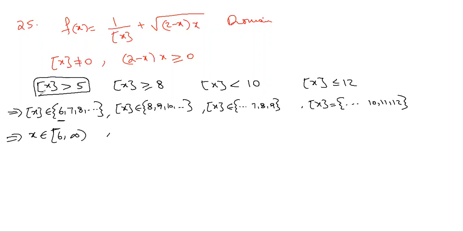If you look at this, you will be confused whether I need to write 5 or the next number. If you try to get the answer directly from here to here, you'll be confused. Convert that into integers, and once you have converted that into integers, from there directly you write. So if it is starting from an integer, closed interval with that integer.